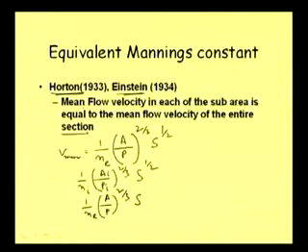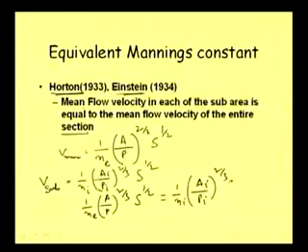And that is the flow velocity of the sub area, which we can write as 1 by Ni, then Ai by Pi to the power 2 by 3 and S to the power half, and in fact I can go for i equal to 1 to m, any value.